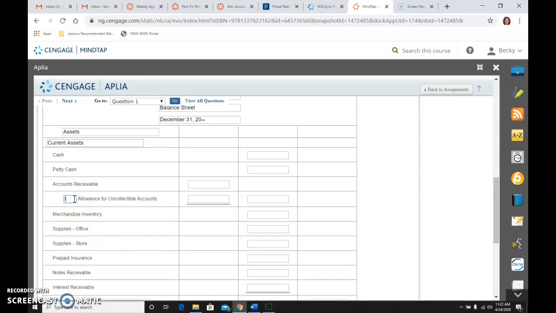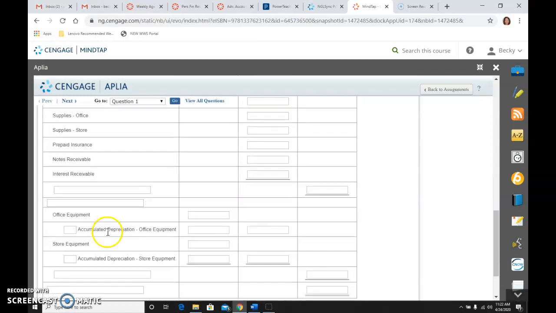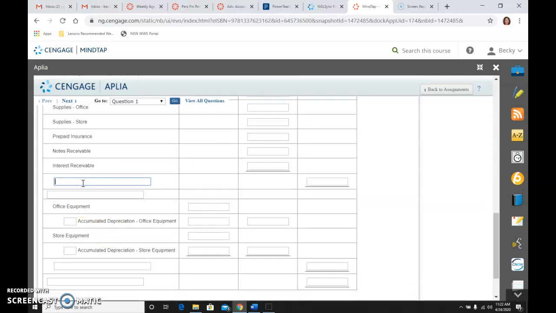And again, we subtract the contra accounts. This is going to get me total current assets. Then I'm going to do plant assets. I'm going to deduct less on the contra accounts to get to total plant assets and total assets.